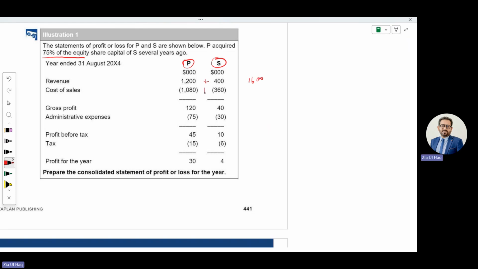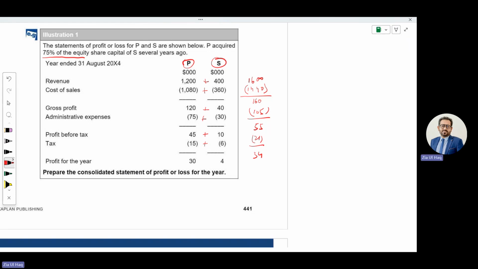Cost of sale, we add both together, which becomes 1440. We calculate GP, 160. Admin expenses added together are 105. We calculate profit before tax, which is 55. Tax we add together and arrive at a profit of 34.